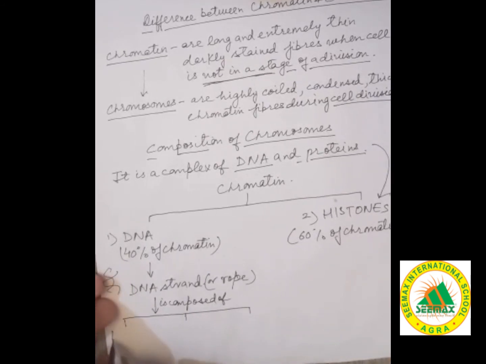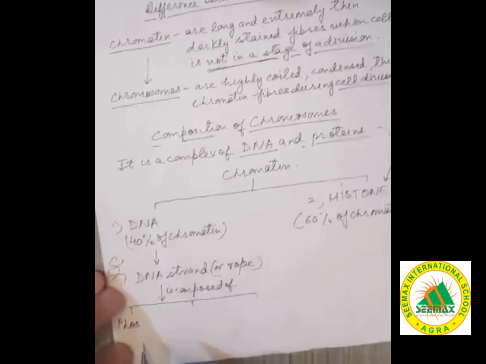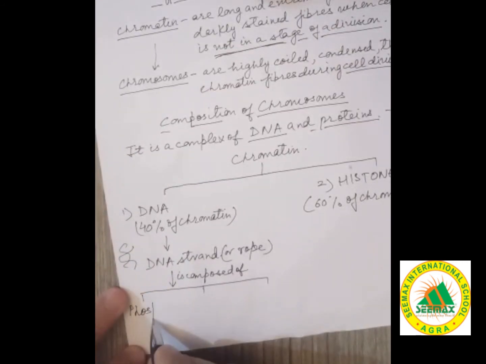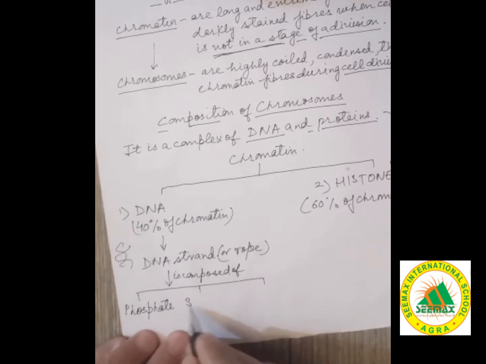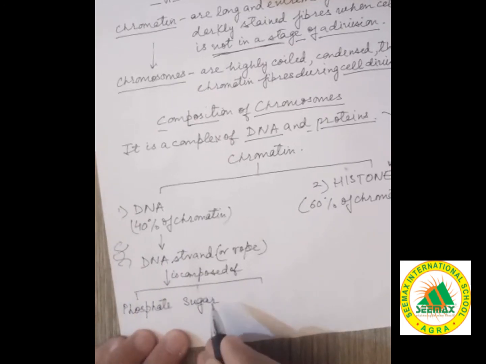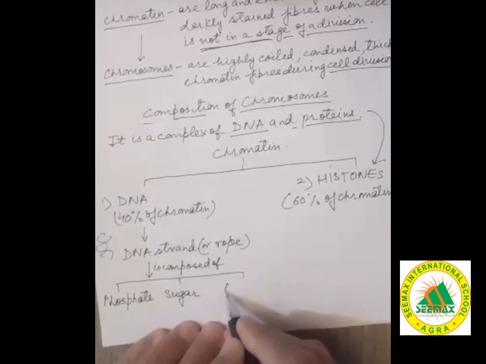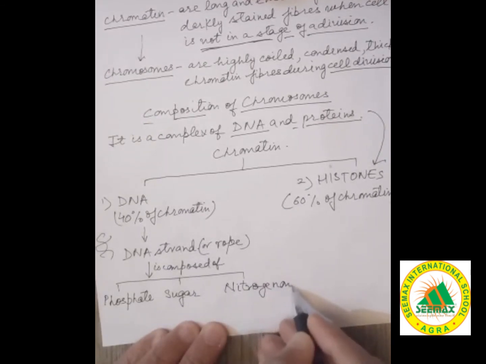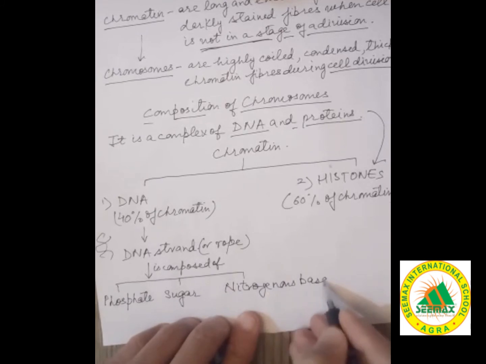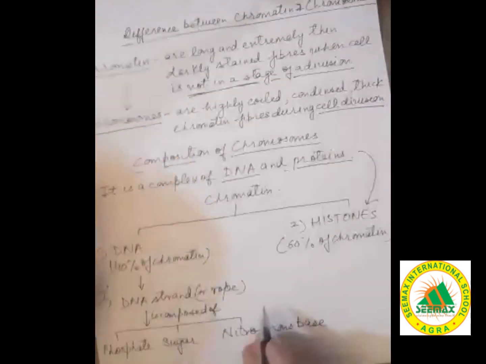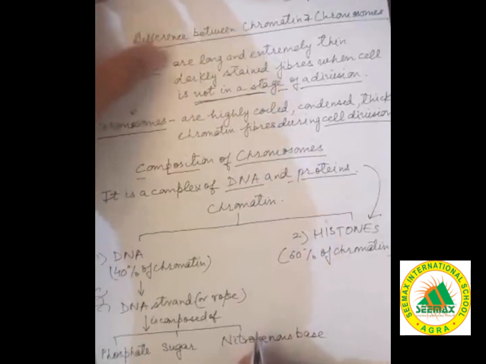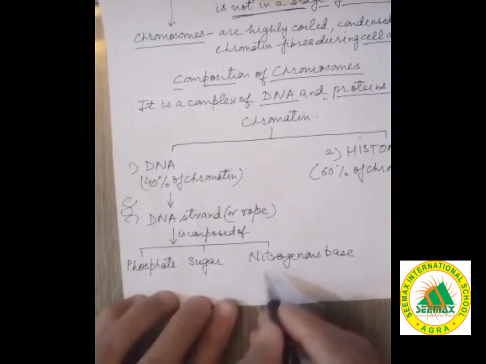First one is phosphate, second is sugar, and the third one is nitrogenous base. So this DNA strand is composed of phosphate group, sugar group and nitrogenous base.